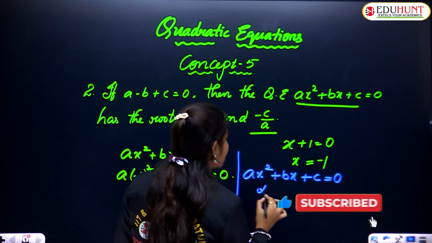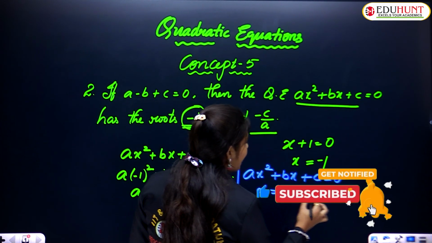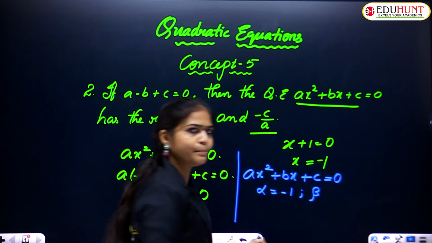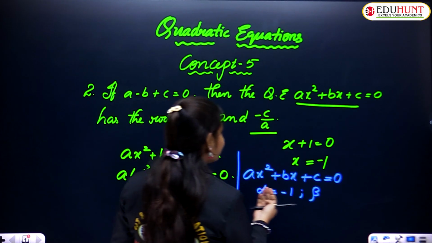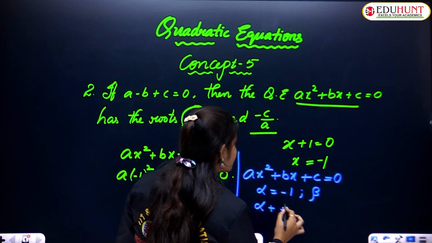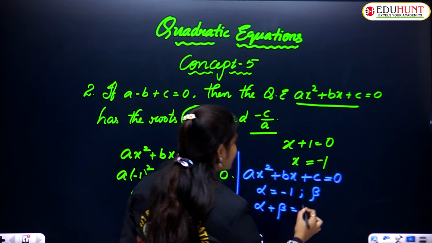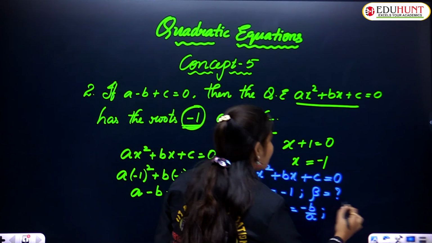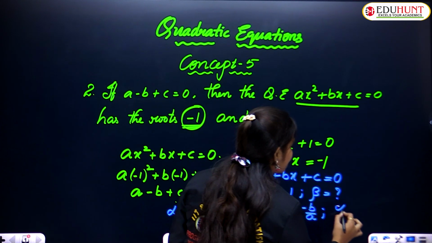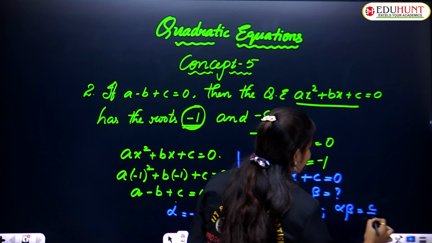Those two roots are alpha equal to minus 1, and the other root we can take as beta. So we need to find that beta, right? For finding that, the sum of the roots is equal to minus b by a, as well as the product of the roots alpha beta is equal to c by a.